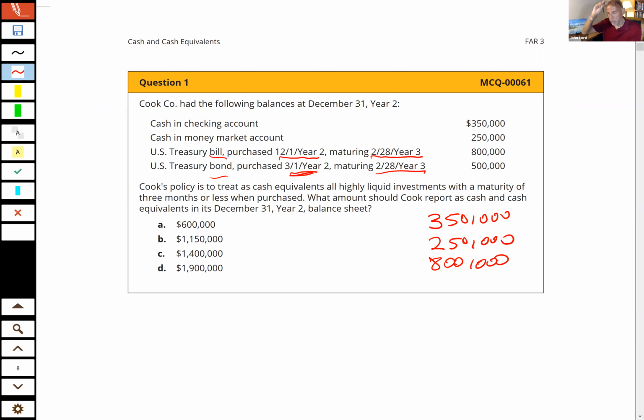Anyway, I'm not going to get into correcting this question, but basically they're saying that they bought it and held it for more than a year. So that is not a cash equivalent, right? Okay, good. They're all going to be current assets, but it's not a cash equivalent. So when we add these up, we get what, 1.4? Okay.